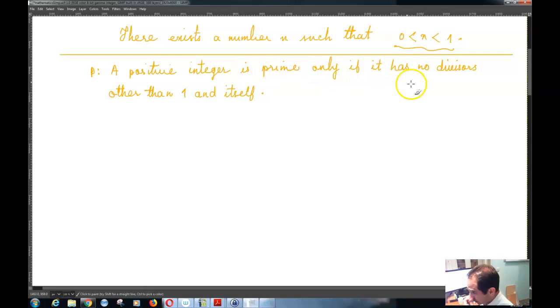So a divisor is, what that means is that, okay, I need to check this. Let me see what the divisor is.